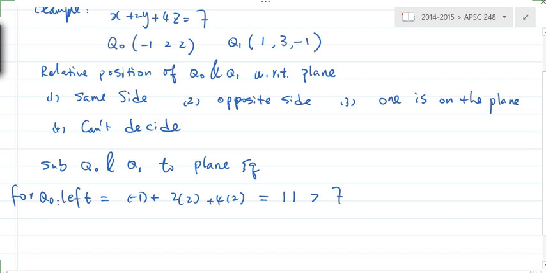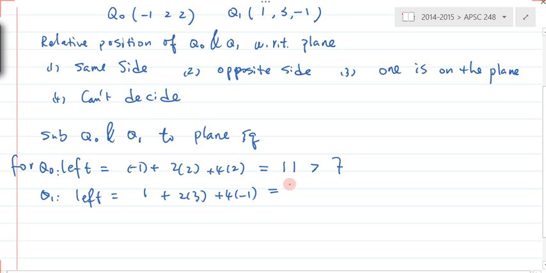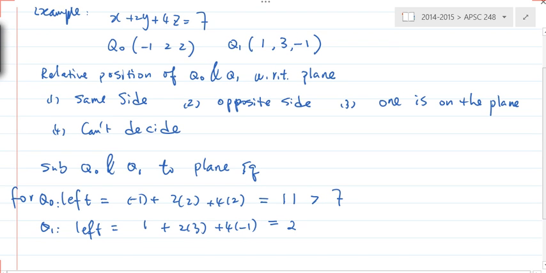And for Q1, the left side is 1, 2 times 3, 4 times -1, which is 6 plus 1, 7, minus 4, is 3. So 3 is not the same as 7, so this point is not on the plane either, and it's less than 7.